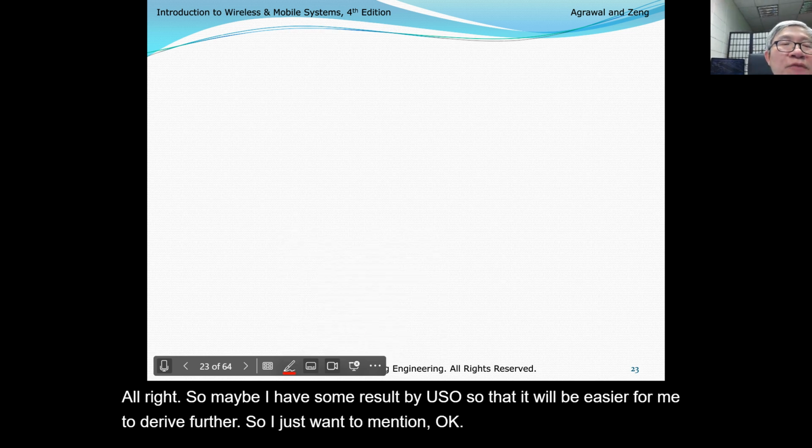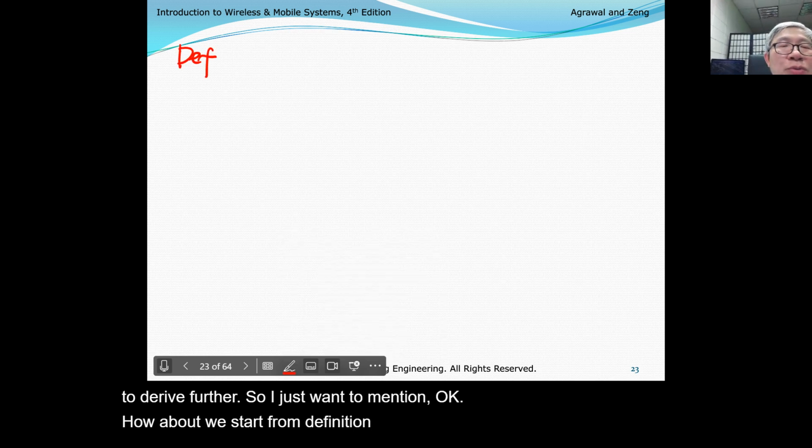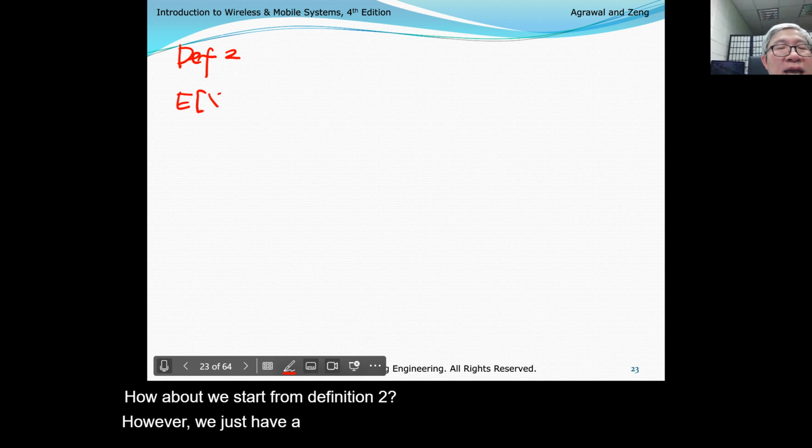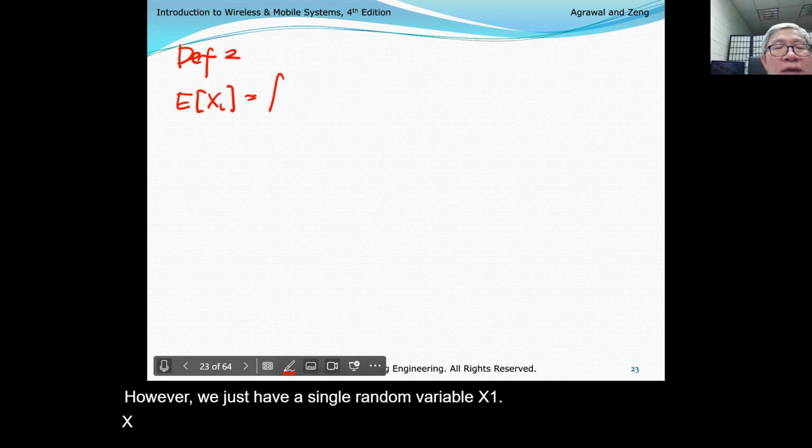How about we start from definition 2? However, we just have a single random variable, X1. Actually, we have an integral from 1 to n.